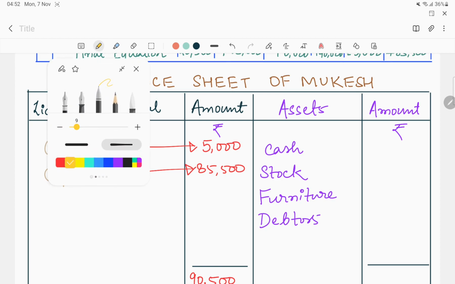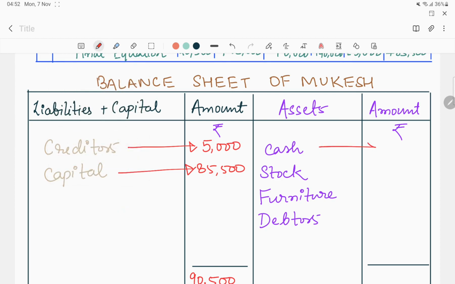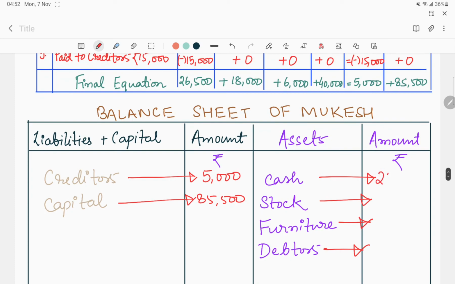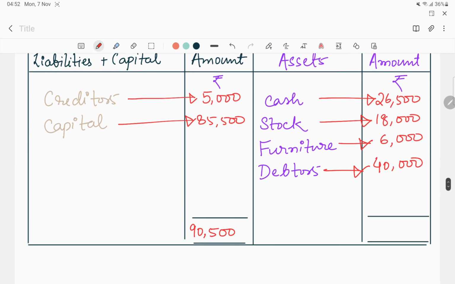Using the last new equation we can very easily see the cash amount is 26,500, stock is 18,000, furniture is 6,000, and debtor amount is 40,000. If you add all these, you are going to get a total of 90,500.